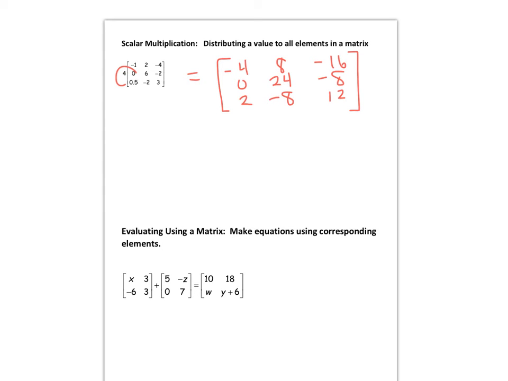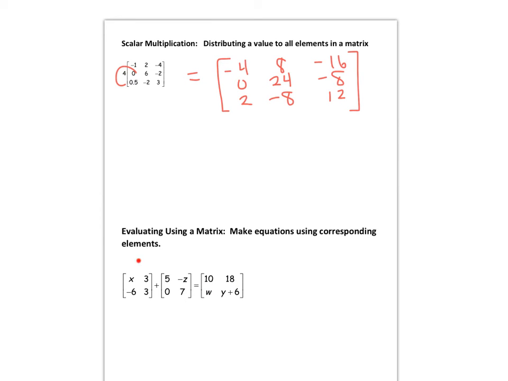All right. The final thing we can do, if we understand matrices and their dimensions and how we organize their elements, is use them to evaluate or solve little equations. So one final example down here, we have a 2-row, 2-column matrix added to a 2-row, 2-column matrix, and the answer equals a 2-row, 2-column matrix.